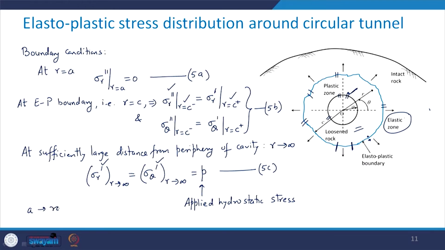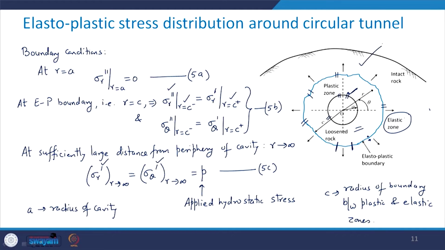This is the radius of the cavity, and C is the radius of the boundary between plastic and elastic zones, as it has been shown in this figure.